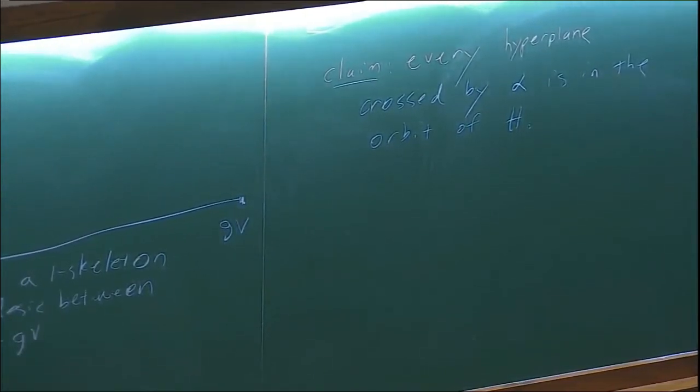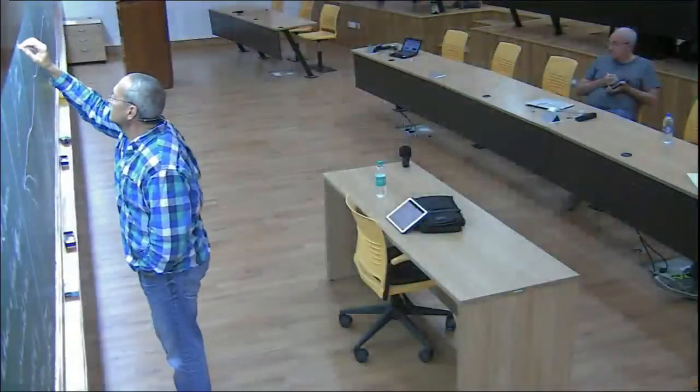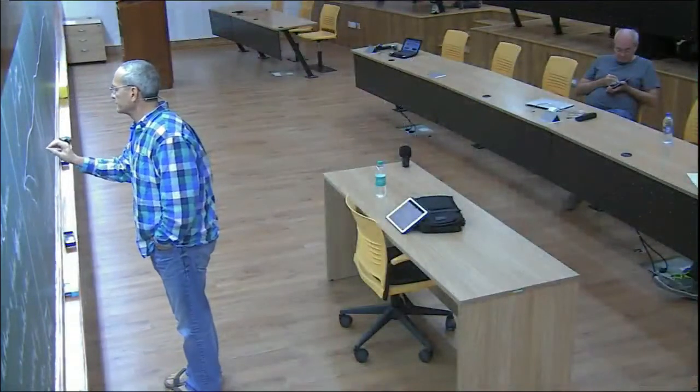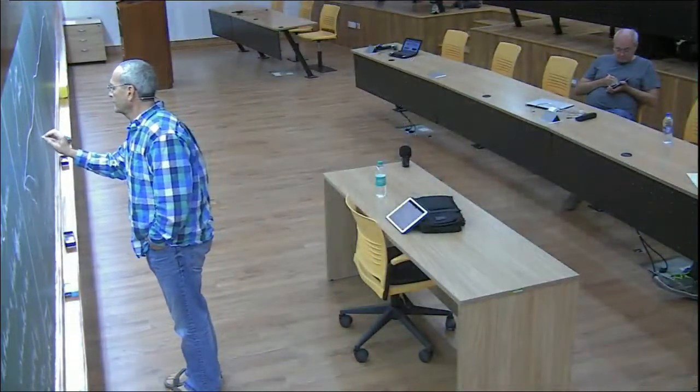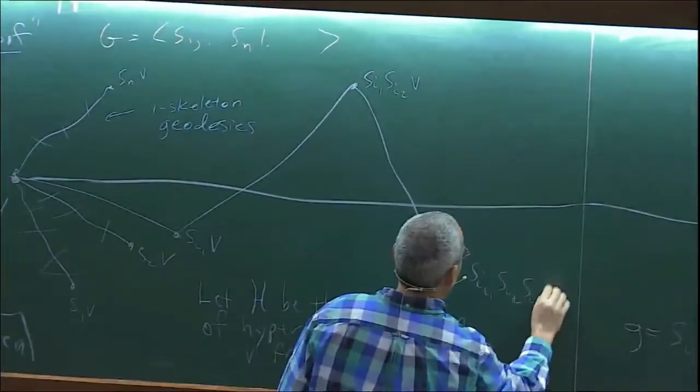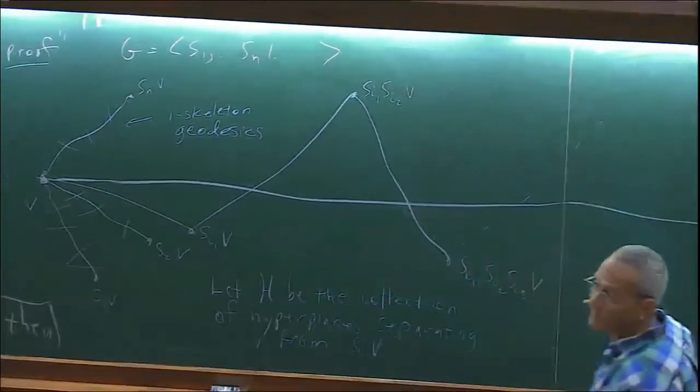And there's another path joining V and GV, which looks like the path you would have in the Cayley graph, right? So here's S_{i1} of V, here's S_{i1}, S_{i2} of V, and so on. This is a path, right?